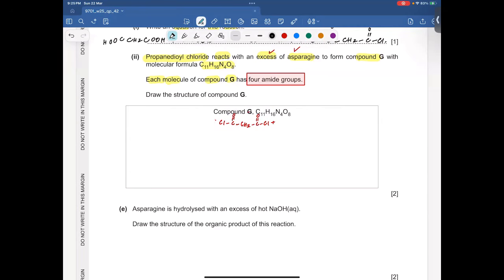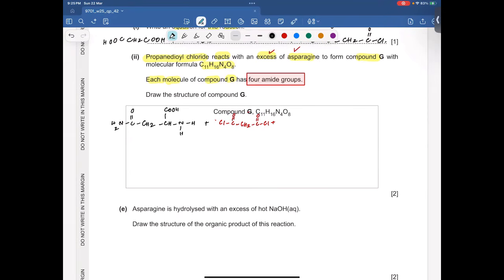So it's basically CONH2. This is CH2. This is CH. This is CWH, and this is NH2. Now that makes sense.